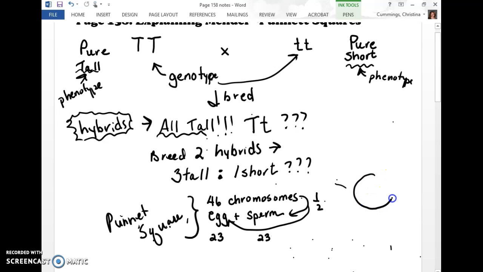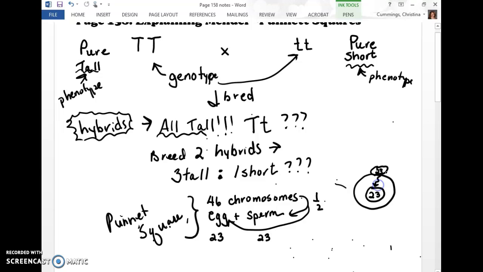And you think about it this way. Here's my egg cell and it's got 23 chromosomes. This can be in a pea plant, so you have this egg in your pistil. The sperm of a plant is really the pollen. So your pollen lands on it, and your pollen has 23 chromosomes.